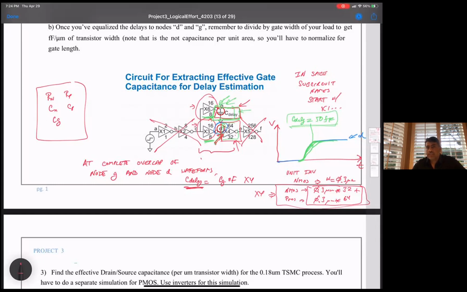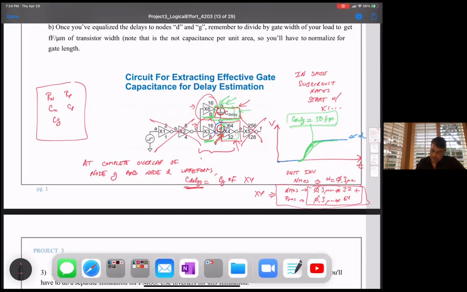Look under the TSMC 0.18. It was a table that I think we looked at once. Let me see if I can pull it up actually. I have it.